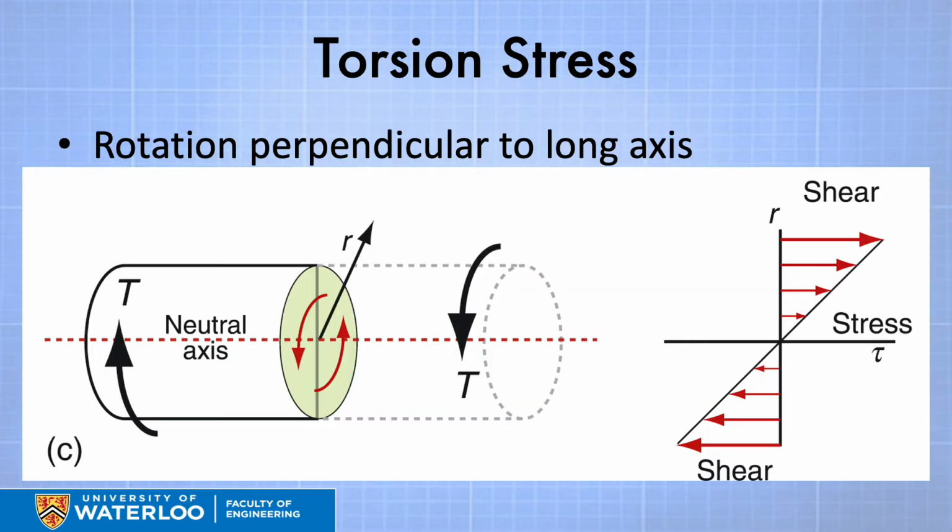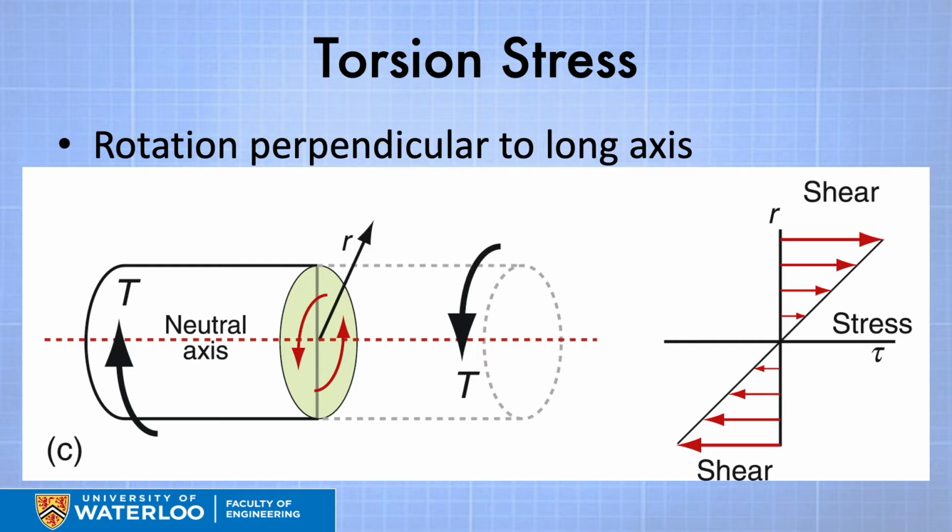Now, we talked about bending stress, but there's also torsion stress, which is rotation. Torsion is a rotation about the long axis. This is sort of like a twisting, not a bending stress. Much like the bending stress, we create a torsional shear, which is perpendicular to the centroid or the axis of rotation.